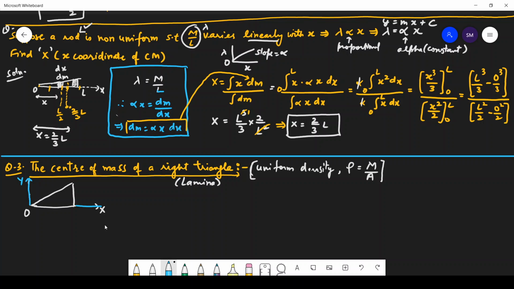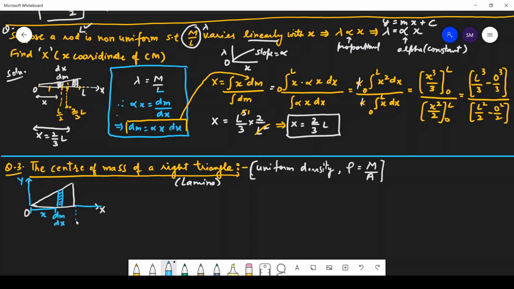That is why I am writing slowly, so understand and write it along with me. And here also you will take a small element whose mass will be dm and its thickness will be dx, okay? And of course it is at a distance x. So this distance is x from the origin.